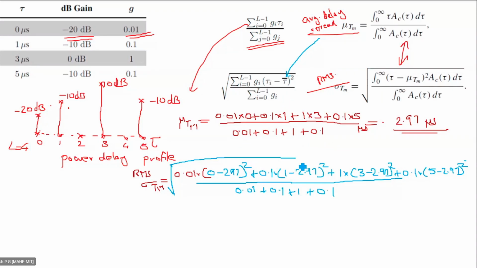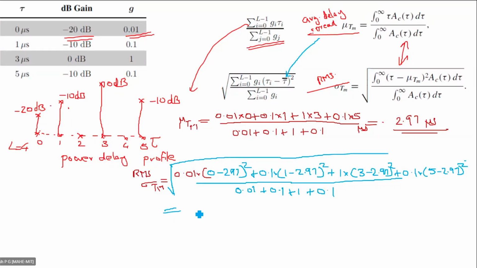So there is a square root term here. Now you tell me the answer. I'm getting 0.857 microsecond.